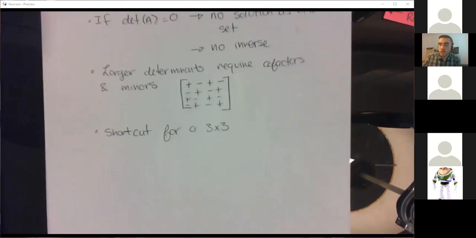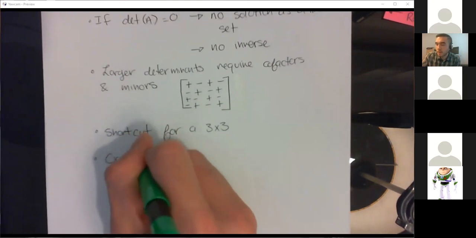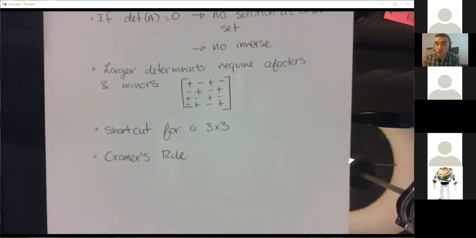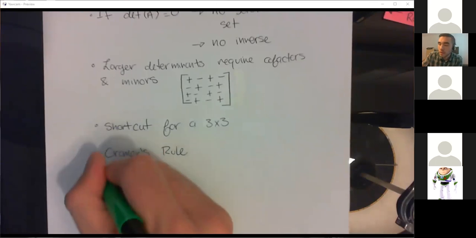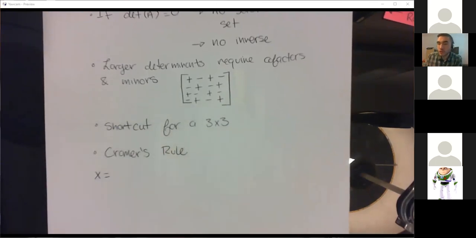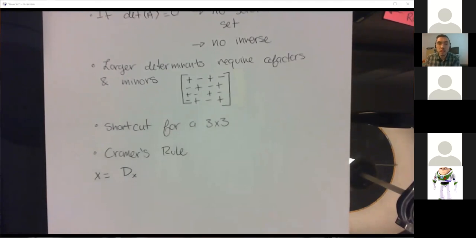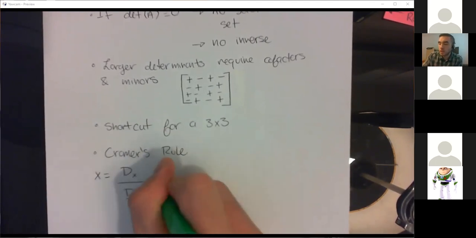And then the last thing is actually Cramer's rule itself, which I'm not that into, where if you are solving a system of equations, let's say it's a 3 by 3 with x, y, and z, x is going to be equal to the determinant where we replace the first column, x, with the right-hand column of constants, and then you divide that by the overall determinant.